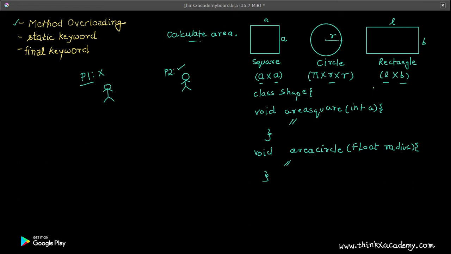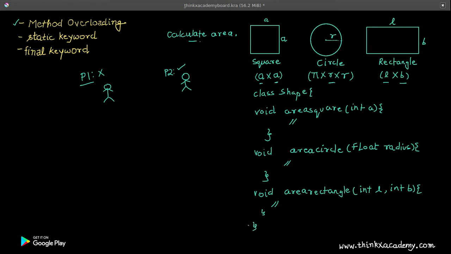In the case of a rectangle, he will again create a function, void areaRectangle, and again he is going to pass two parameters, the length and the breadth, and then he will perform the operation here.